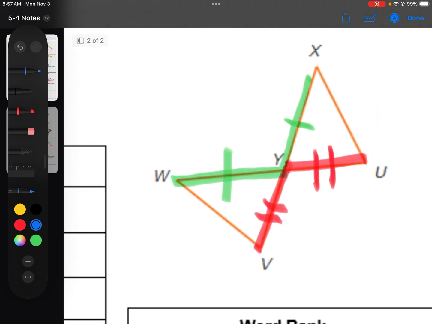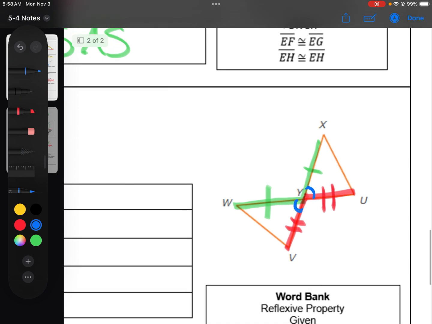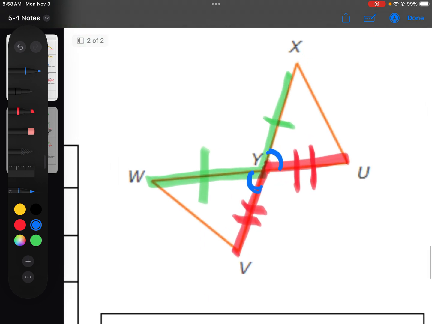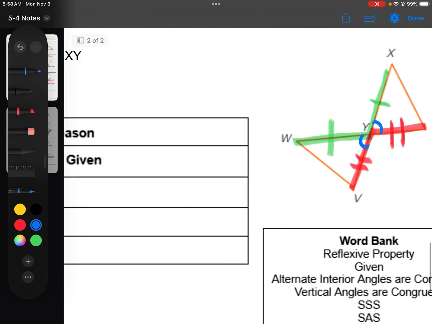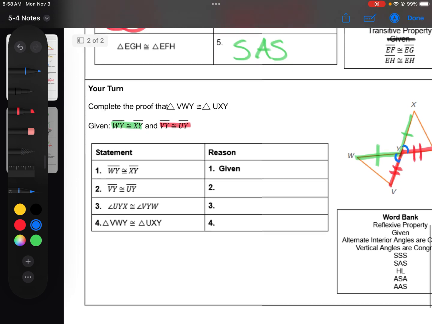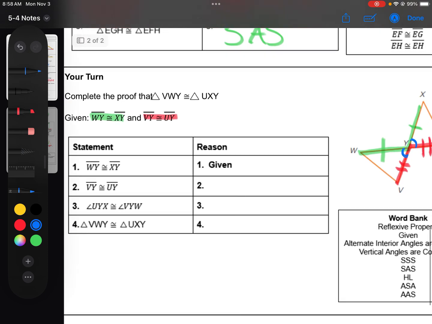And any other information you can mark from the diagram, make sure to also do that. So I'm going to zoom in here. Looks like it makes an X. So anytime you see an X in geometry, you know that you have vertical angles. You need to be marking those vertical angles congruent, okay? So now we have everything marked that we can assume from the diagram. Okay, so reasons are always going to ask us why. Why is the statement the way it is?